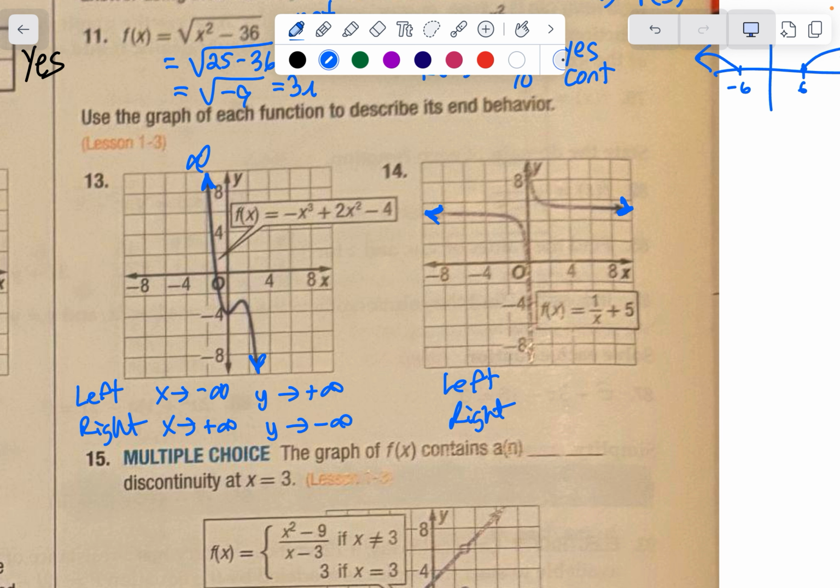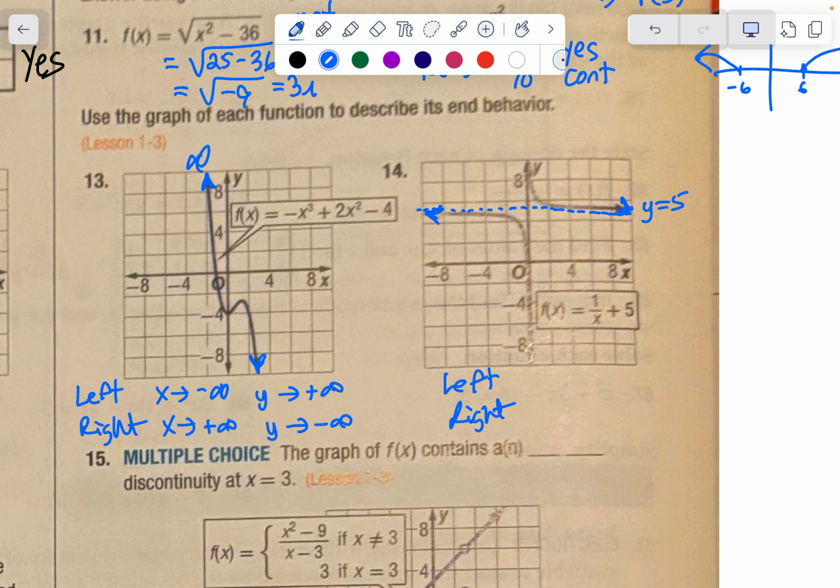This one's kind of weird. Do you see the equation here? Let me put some information. There's a little tiny asymptote right here at x equals 5. No, that would be y equals 5, I'm sorry. So both of these ends are heading to 5, and the reason they're doing that is because we have 1 over x, which as we get really large goes to 0, and 0 plus 5 is 5.